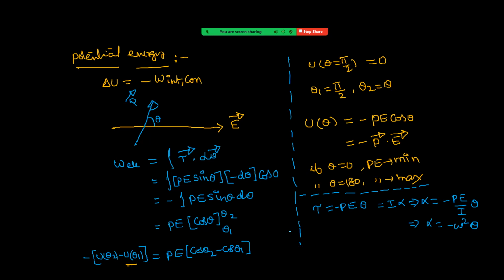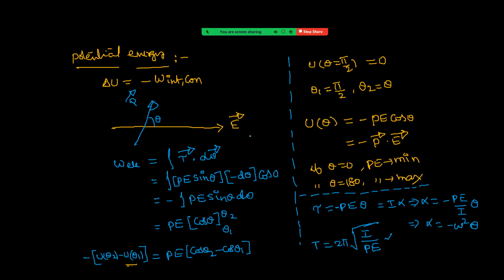Then the time period T equals 2 pi by omega, that is 2 pi root I by PE. This is the time period for small oscillations of a dipole. We can expect problems based on this result. I hope you got clarity.